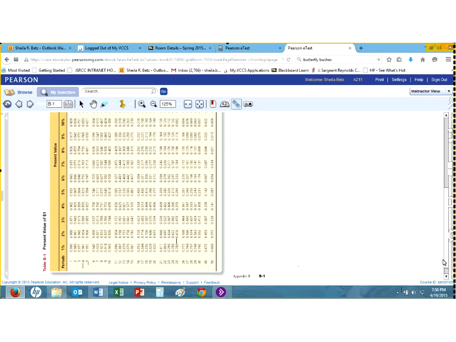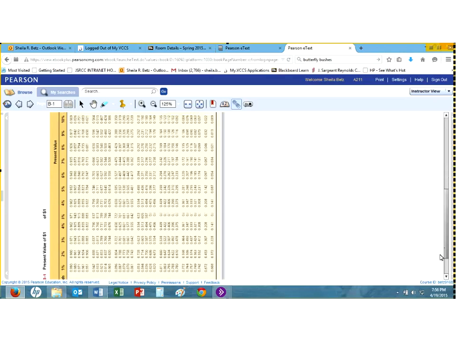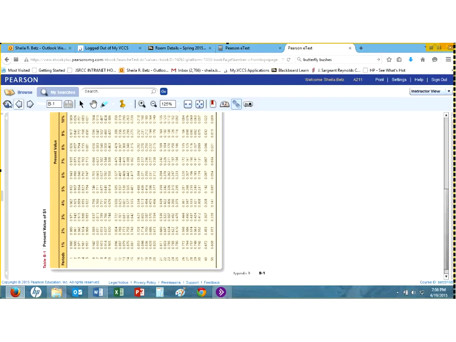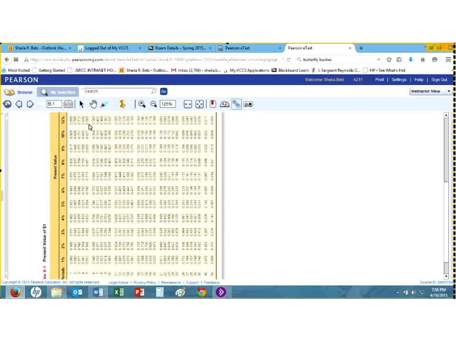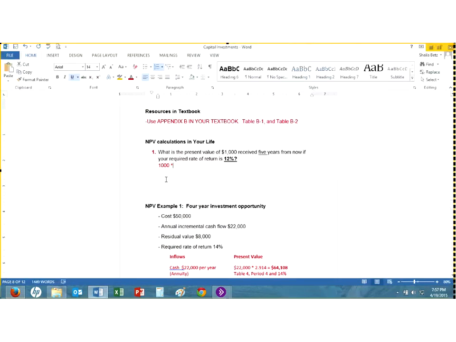And then I'm going to scroll over, and from 5, I want to scroll all the way over till I hit the 12% column. And I hit the 12%. So I'm in row 5, 12%, and it says 0.567. I'm going to take that 0.567 and put it in my formula.